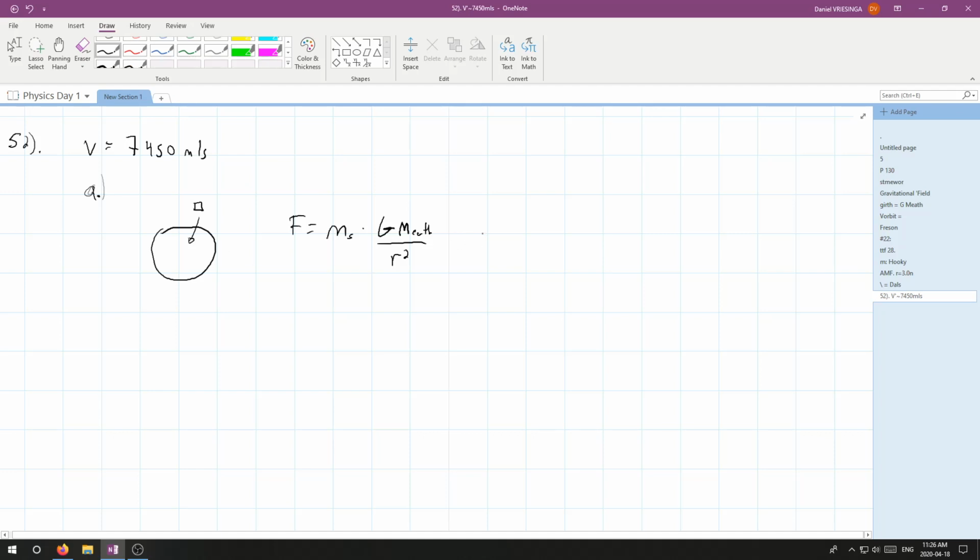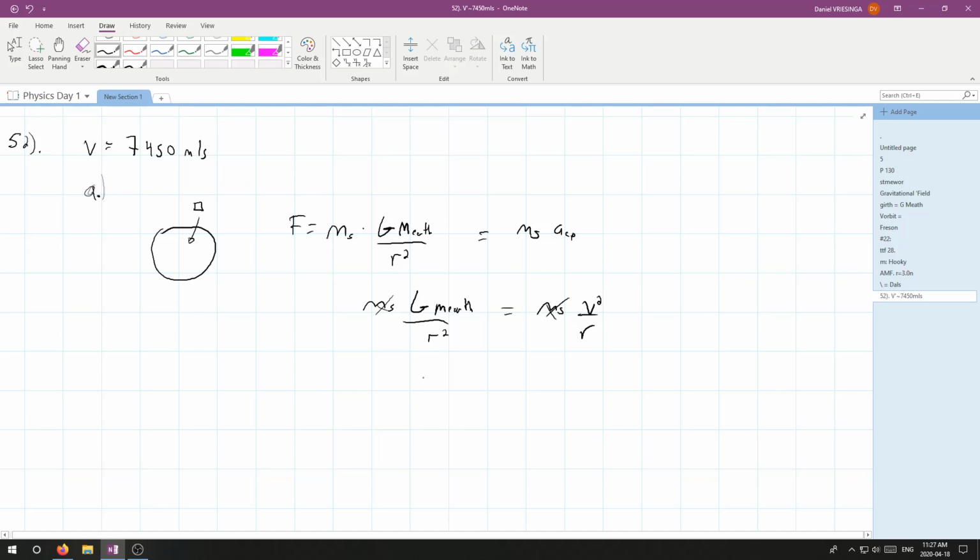Then this force has to equal the mass of the satellite times the centripetal acceleration. So the formula we get is m_s G times the mass of the Earth divided by the radius squared equals the mass of the satellite times v squared over the radius. I can cancel the mass of the satellite; it doesn't matter what it is. It matters what the mass of the Earth is, because that's what's supplying all the gravitational force pulling that satellite towards it.